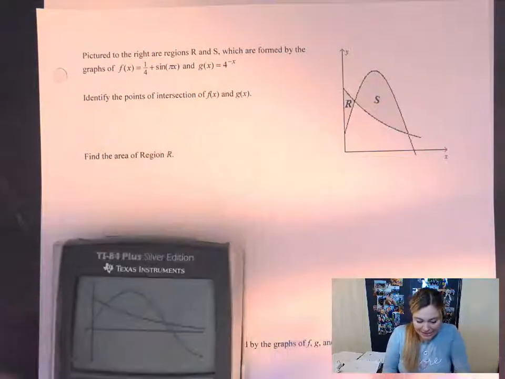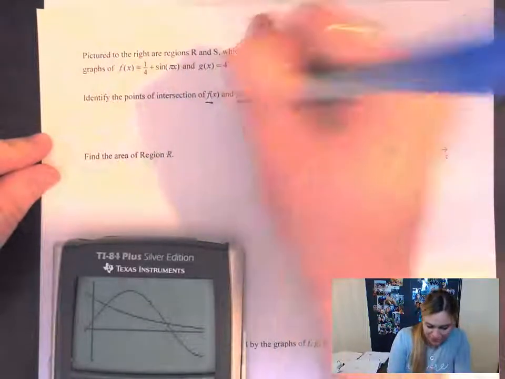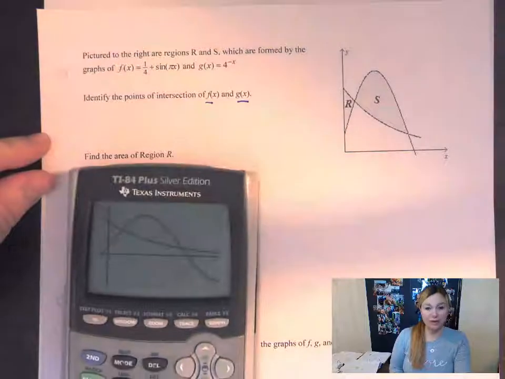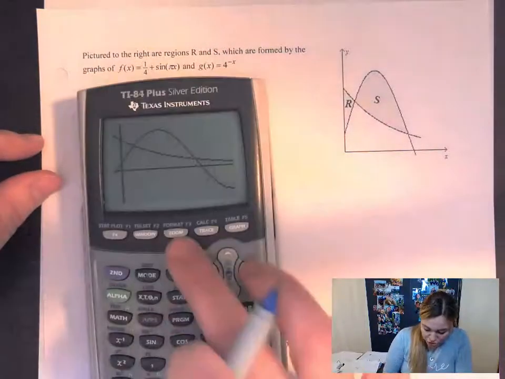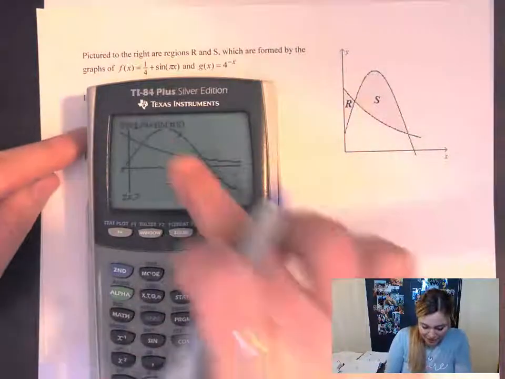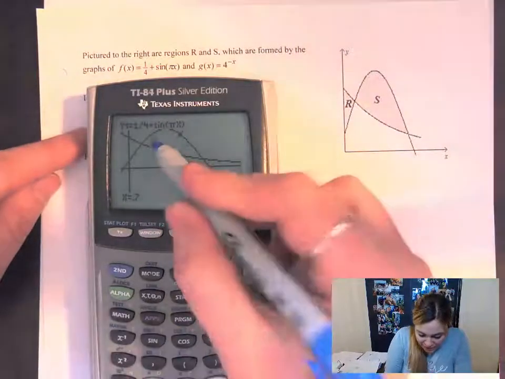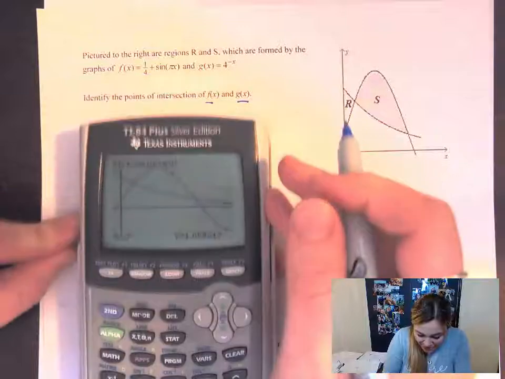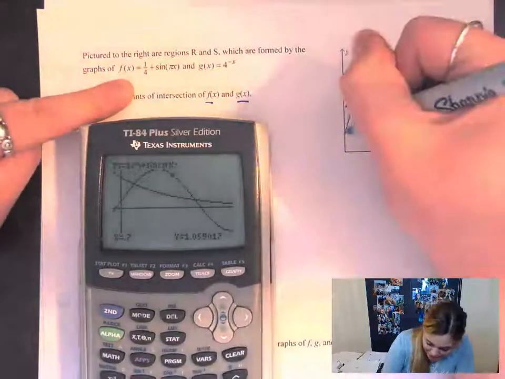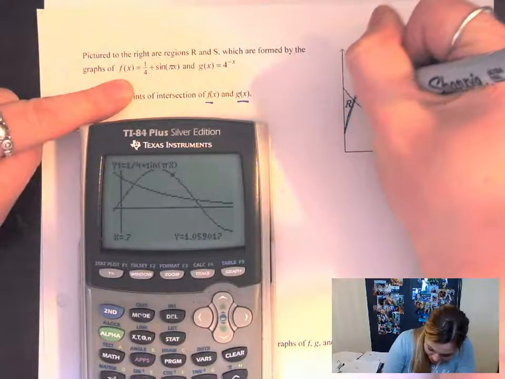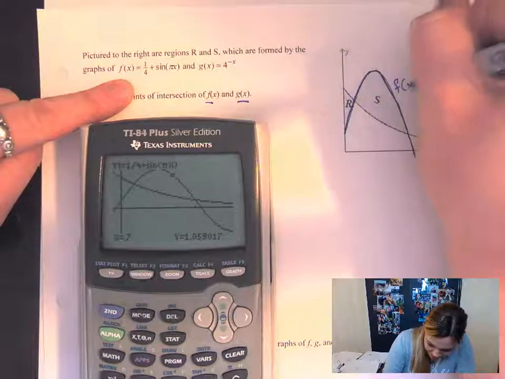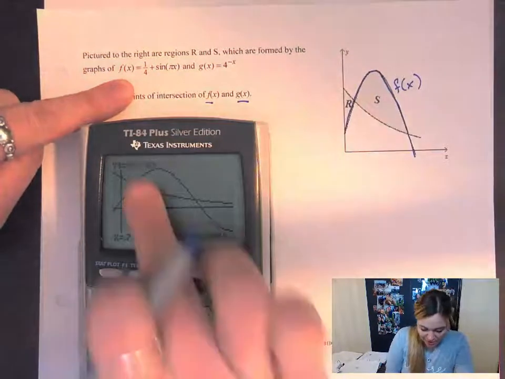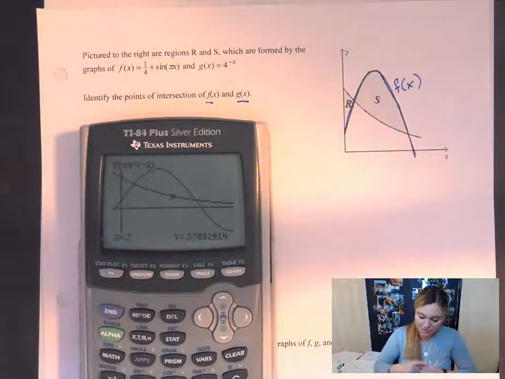So it says identify the points of intersection of f of x and g of x. Well, first I want to identify which one is f of x and which one is g of x. So if I do trace, I can see my cursor is on that top one, and that's the 1/4 plus sine of pi x. This is my function value, my f of x. Which would mean if I go down to the other one, that's the 4 to the negative x.